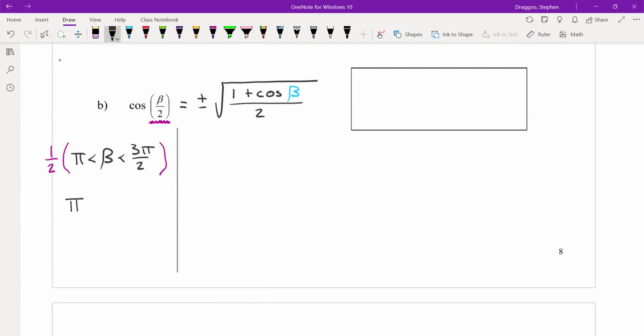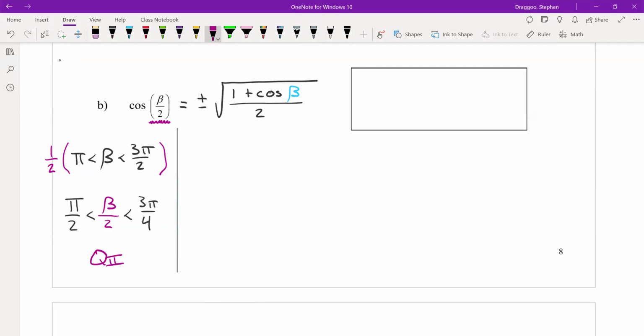Meaning that I'll have that beta over 2 is in between pi over 2 and 3 pi over 4. That puts it squarely in the second quadrant.